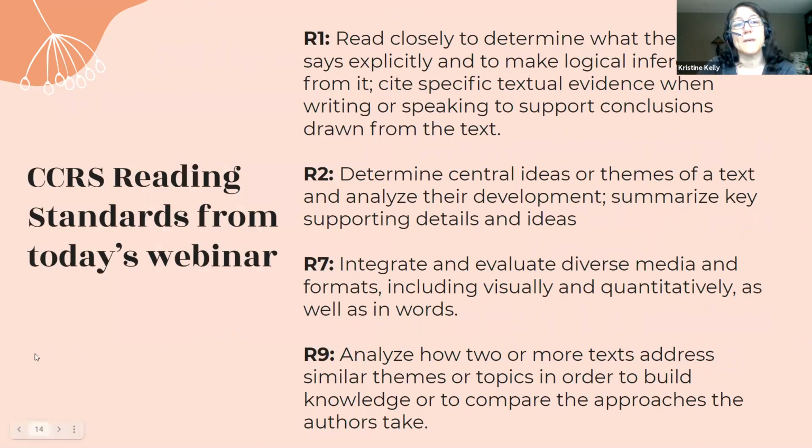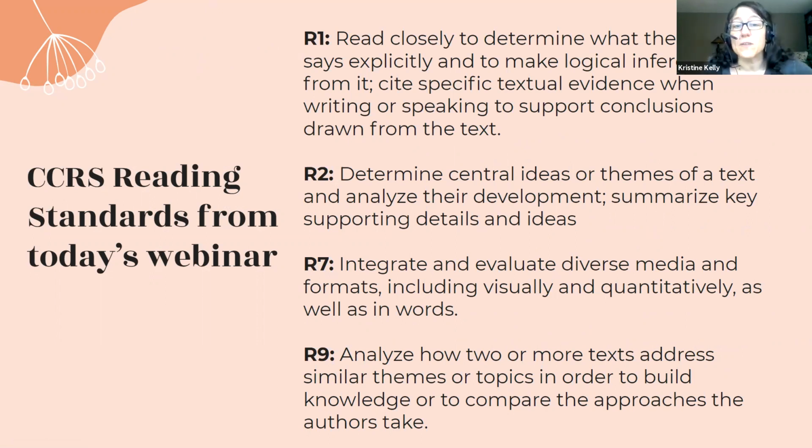So the reading standards that we're really talking about today, and that you will see today, are usually reading anchor 1, which is the close reading standard, citing textual evidence, drawing conclusions. Reading anchor 2, looking at the central ideas or the themes, looking at how ideas are developed.